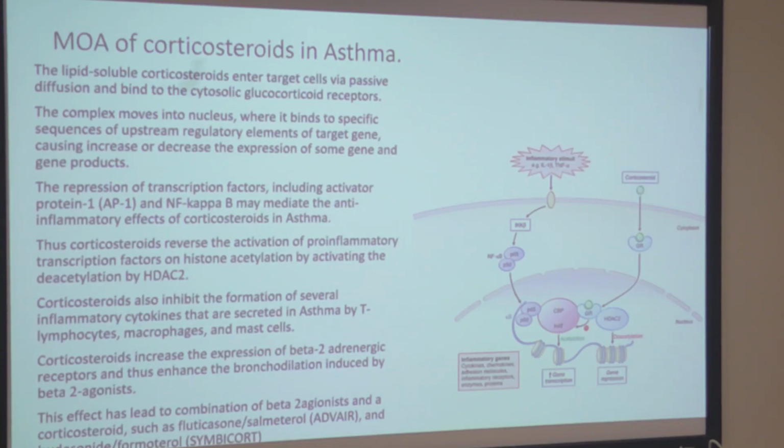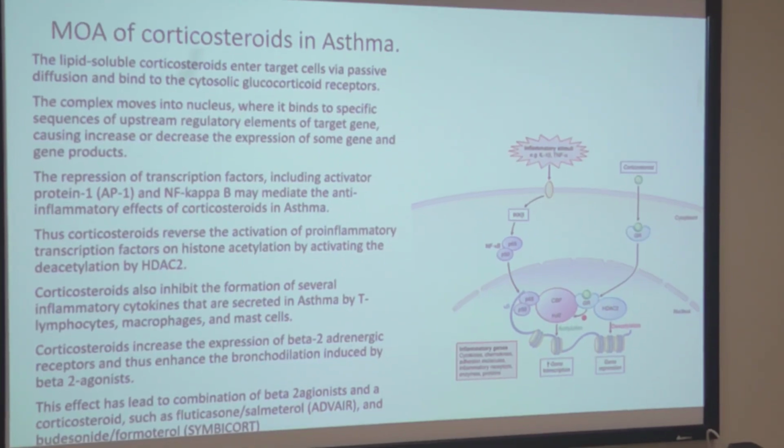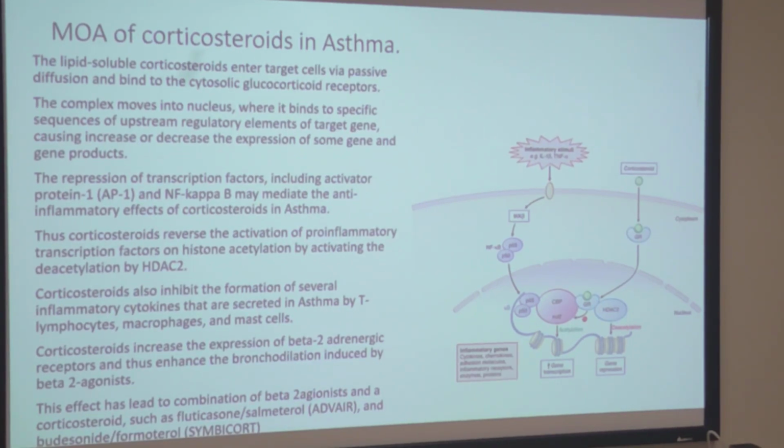One of them is the activator protein site, AP1 site, or NF-kappa B, which may mediate the anti-inflammatory effects of corticosteroids. They bind to the DNA elements, and that will stimulate gene expression, or it may inhibit gene expression.